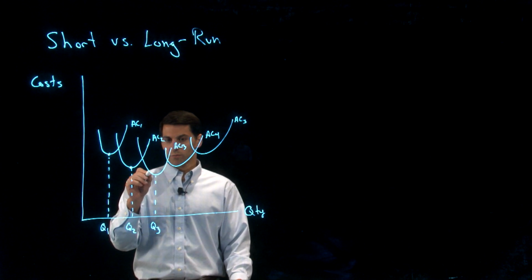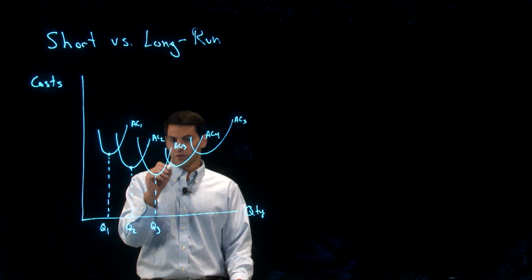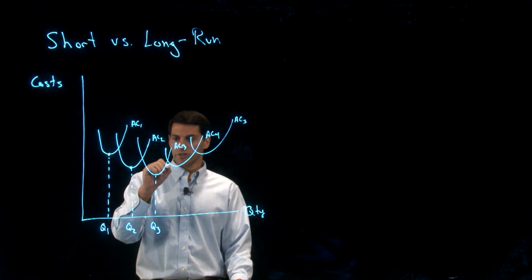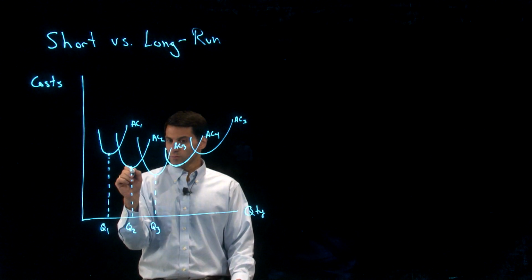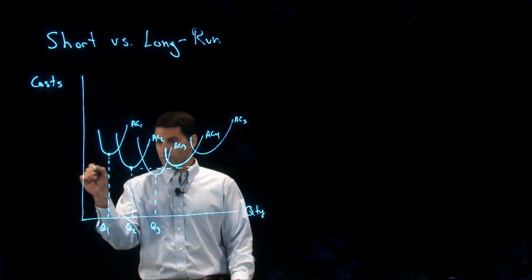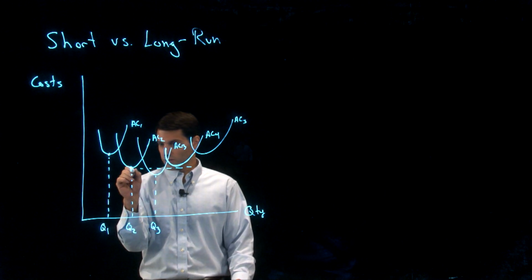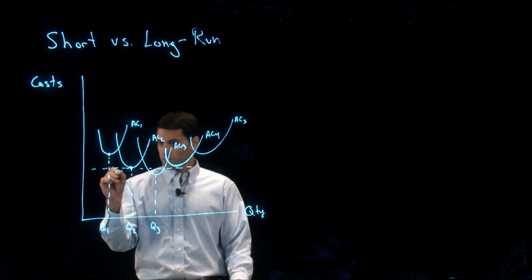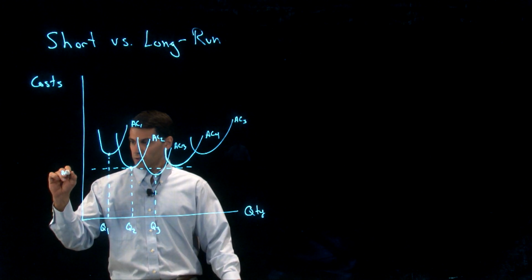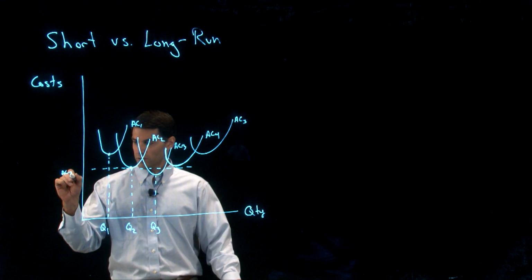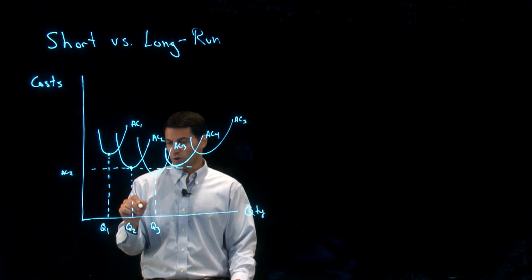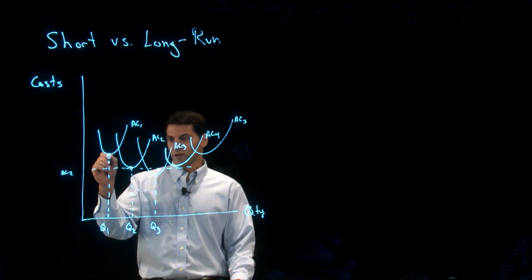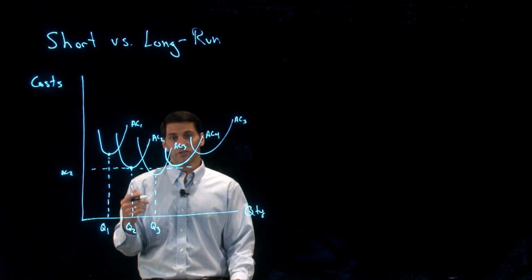Here you can compare the average cost to all the other quantities. I don't draw things terribly well to scale, but compare the average cost down here to every other, say, 3 ovens and 1 oven. Here is the average cost for 2 pizza ovens at that quantity. If you only had 1 pizza oven, you'd be producing that number of pizzas at much higher cost than you would with 2 ovens.